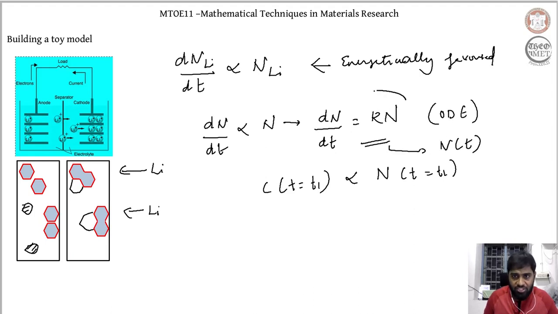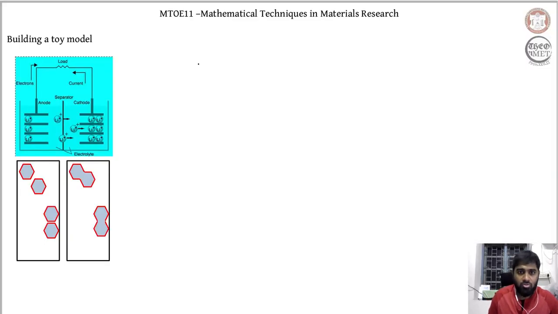I have come up with this equation, it's an ODE, and I want to solve it so that I can say at a given time t, this is going to be my number of lithium ions, which I can then translate to the charge. When I want to solve this expression, it is something you can be assisted with.